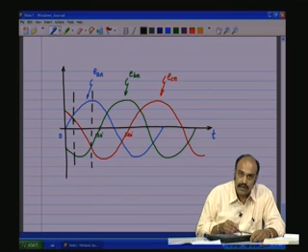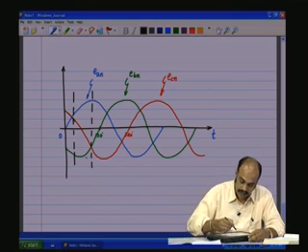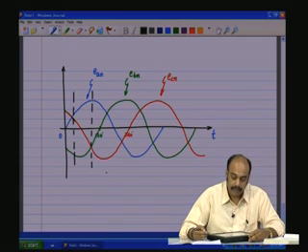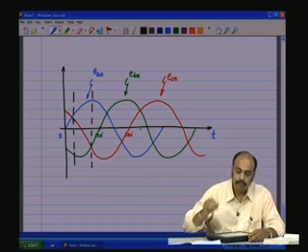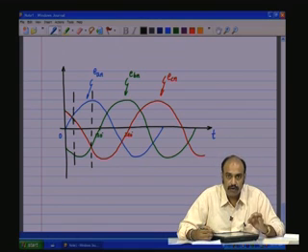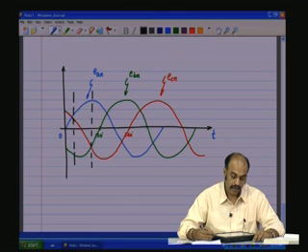This is 100% peak. So, they both cancel and become 0. Likewise, at this point it is plus half and plus half, blue is plus half, green is plus half, red is minus 1, gets cancelled, becomes 0. Likewise, at every point you will see that the addition of all these three becomes 0.